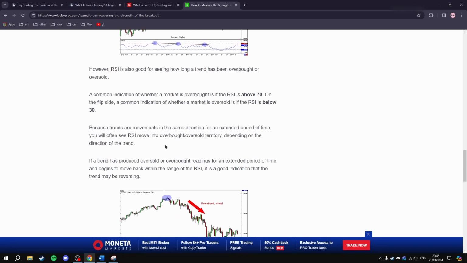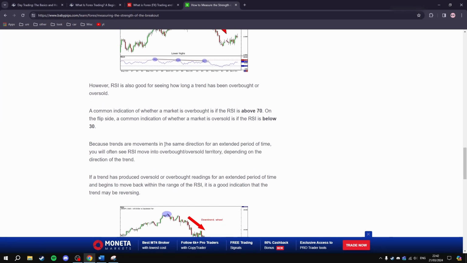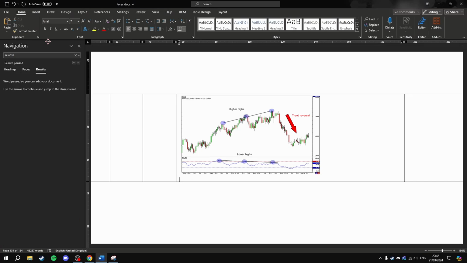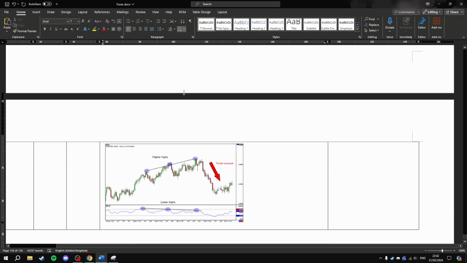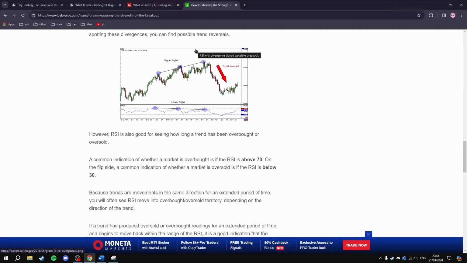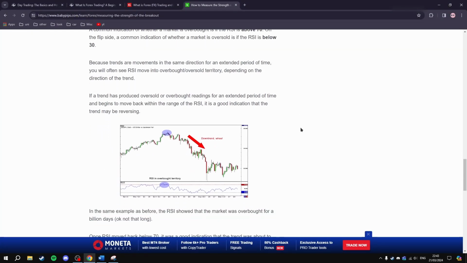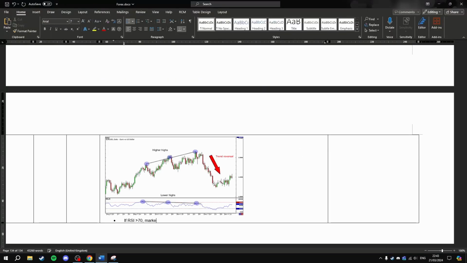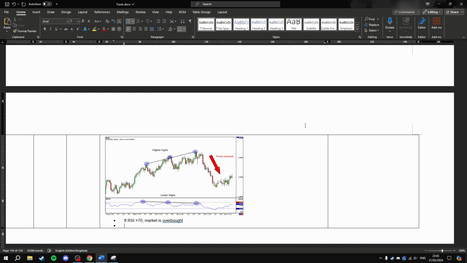However, RSI is also good for seeing how long a trend has been overbought or oversold. A common indication whether the market is overbought is if the RSI is above 70. So if RSI is bigger than 70, the market is overbought.